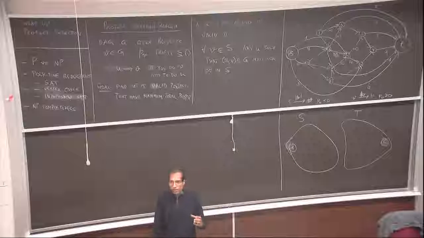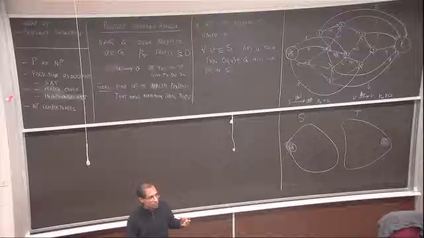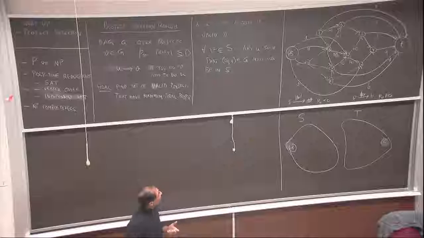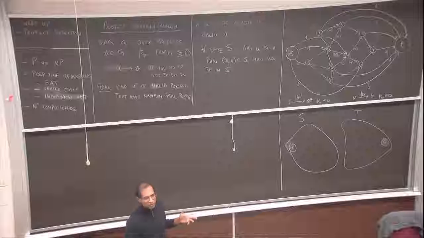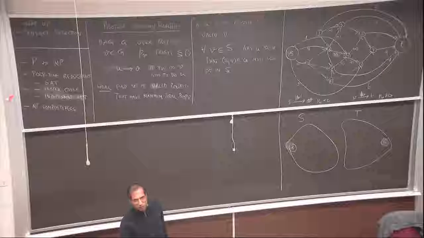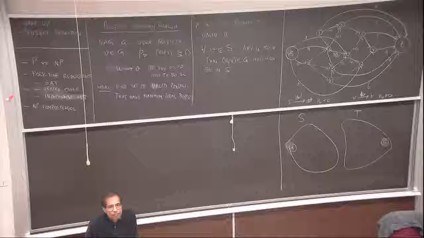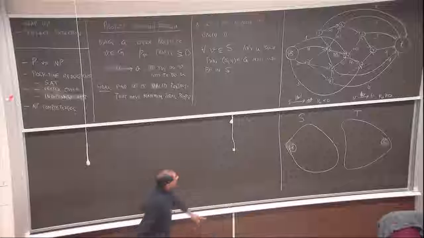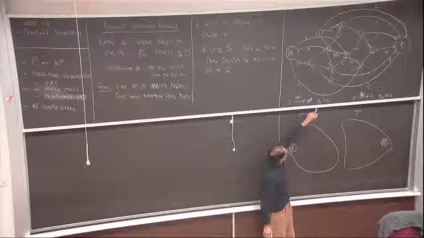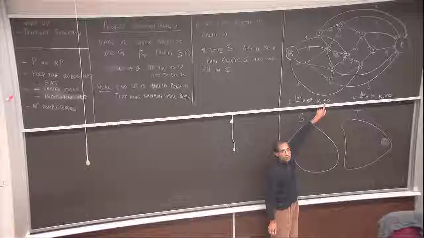So every vertex either has an edge from s or an edge to t. If the profit was 0, it doesn't matter what you do. Does s have edges to all of the nodes? No. s only has edges to vertices v whose profit is negative.